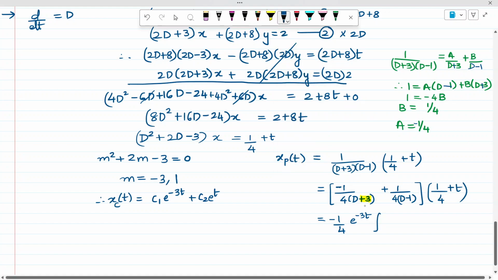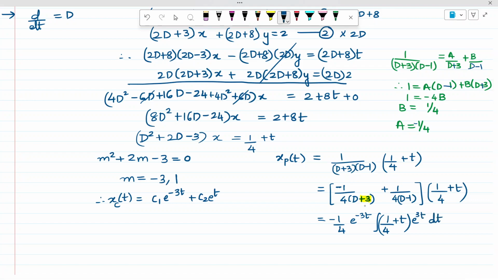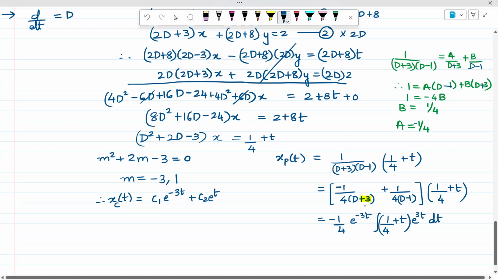And you take the integral of whatever is the first function, say 1 upon 4 plus t into e raised to plus 3t. That's how you will operate the first operator on 1 upon 4 plus t. And how to operate the second one? Again, the same manner. 1 upon 4 e raised to t outside, and inside it will be 1 upon 4 plus t e raised to minus t.